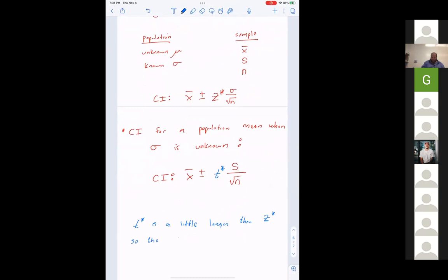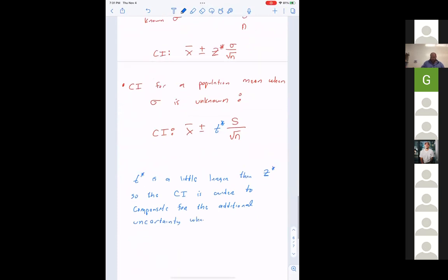So the confidence interval is wider to compensate for the additional uncertainty when we use S instead of sigma.